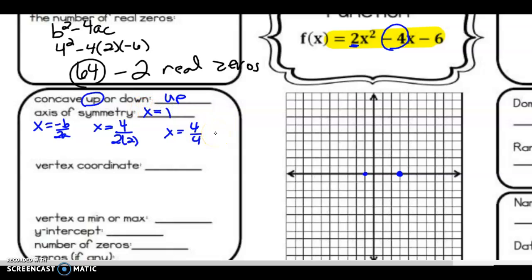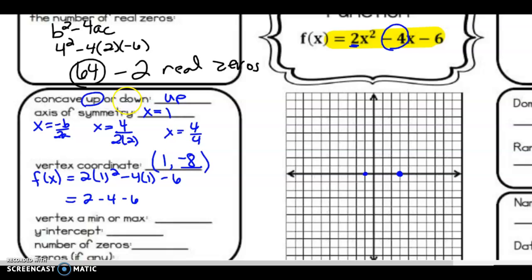So x equals 1. So your vertex coordinate would be 1, comma, and we have to figure out what the y is. So plug that 1 value in. Our function was 2 times 1 squared minus 4 times 1 minus 6. So we end up getting 2 minus 4 minus 6, which is negative 8.